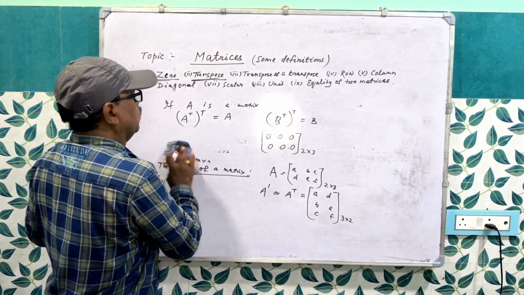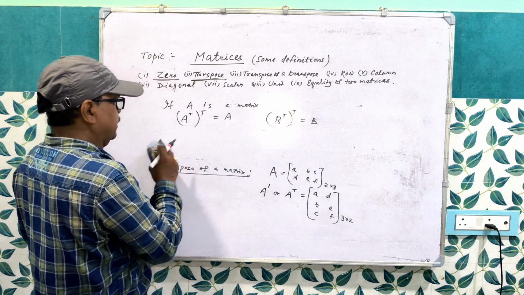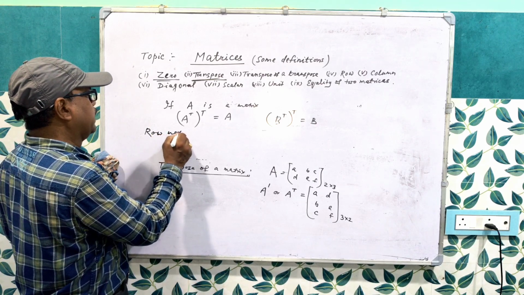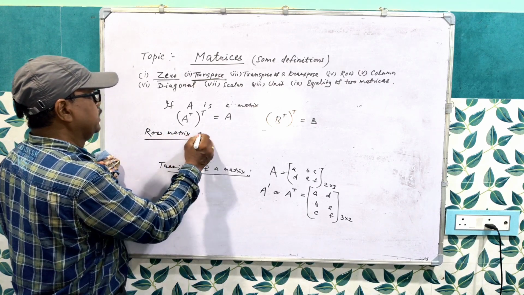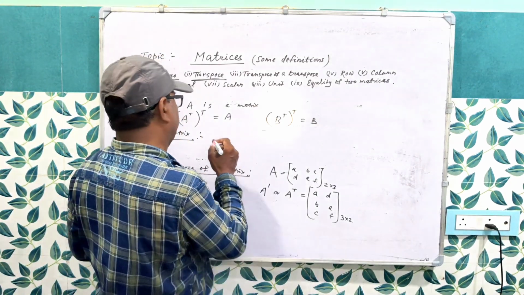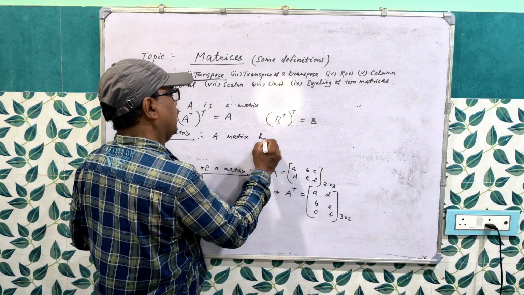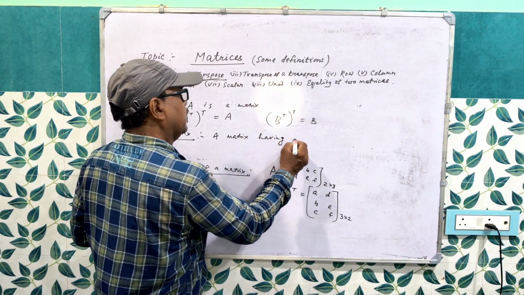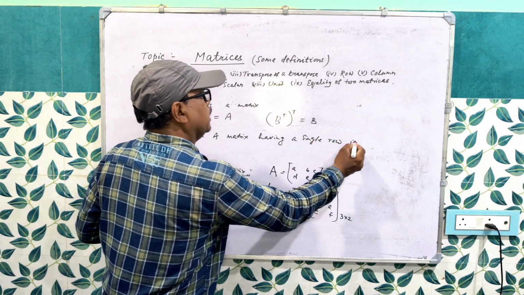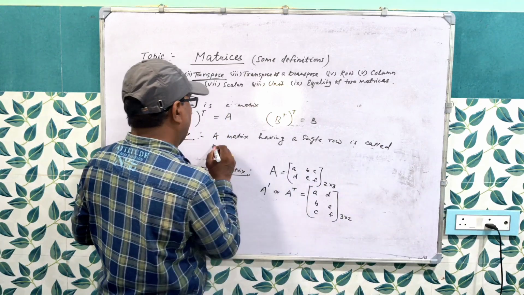Now we are going to discuss what is a row matrix and a column matrix. Row matrix means the matrix having a single row is called a row matrix.